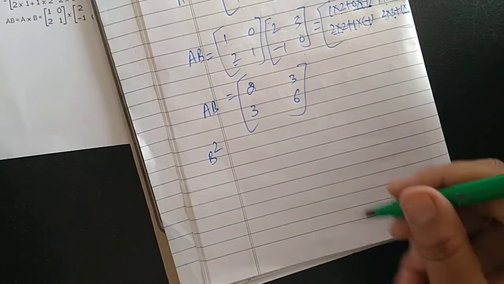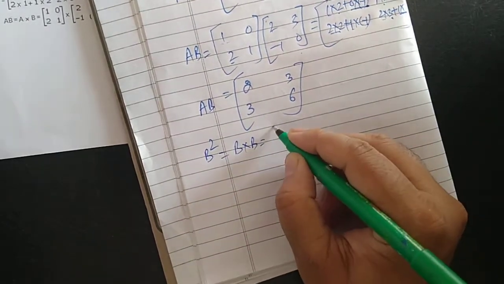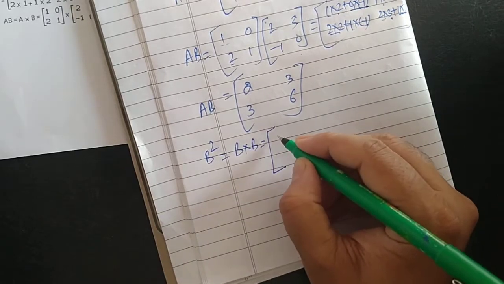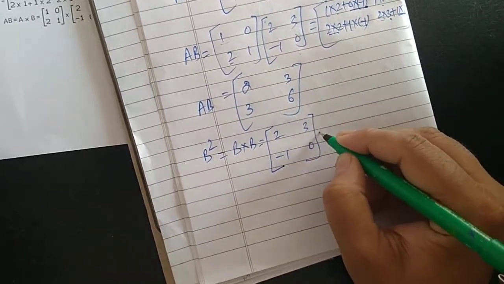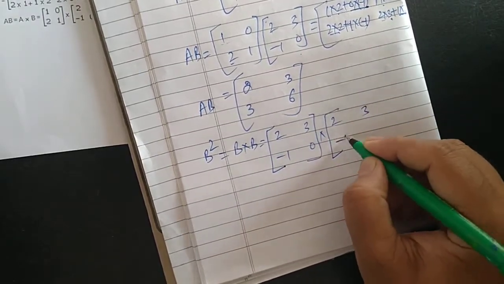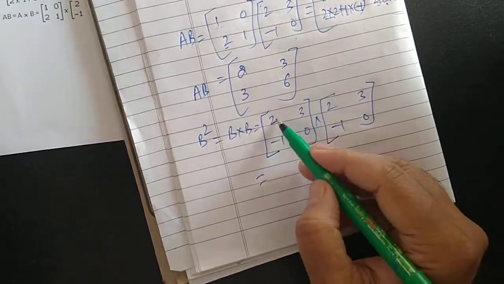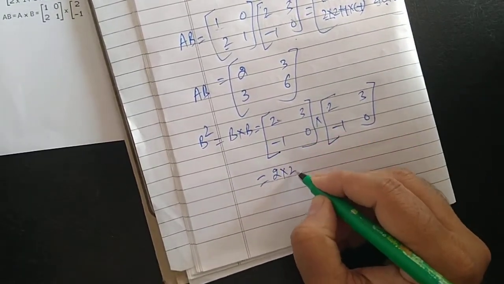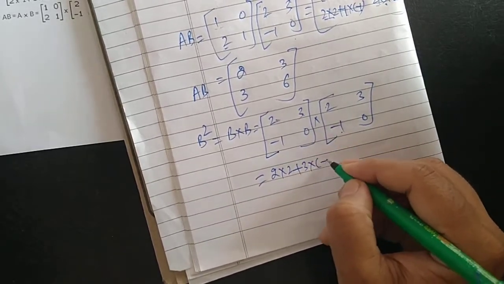Next we have to find B square. B square means B into B. So B matrix is 2, 3, minus 1, 0. Again we have to multiply with the same matrix 2, 3, minus 1, 0. Multiply by the same procedure. 2 multiply by 2 plus 3 multiply by minus 1.